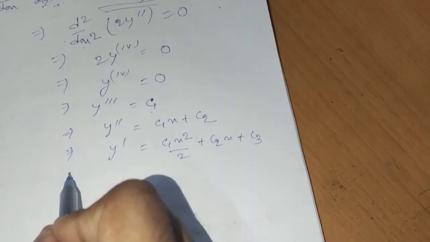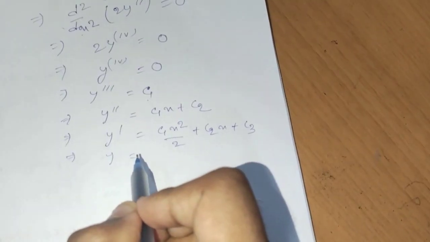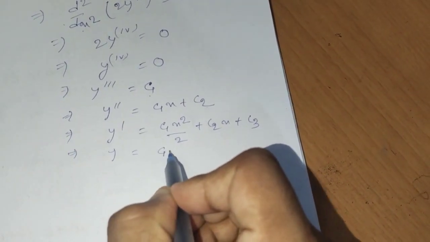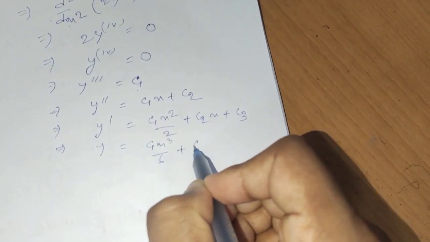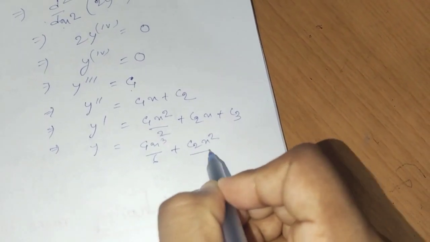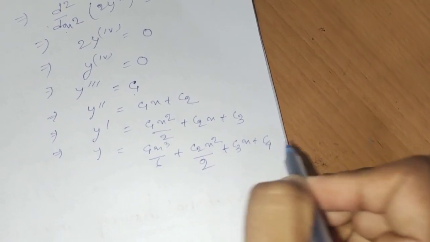Okay, again if we integrate, we'll get y equal to c1 x cube by 6 plus c2 x square by 2 plus c3x plus c4.